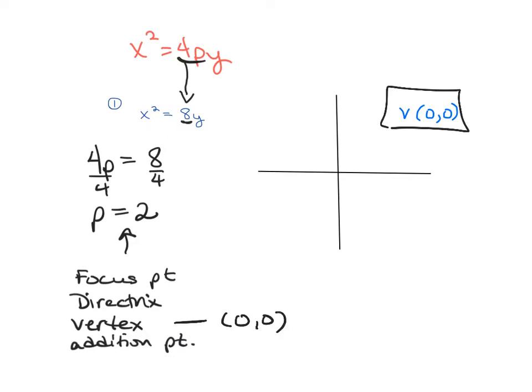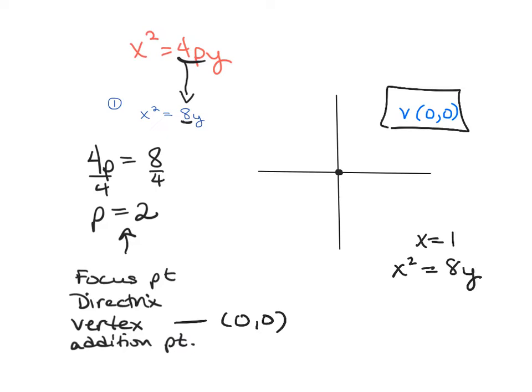Now to find my focus point, well, let's graph the parabola first. So I have the vertex. To find an additional point, I'm going to plug in a value for either x or y. I'm going to actually plug in x equals 1 into my original equation.